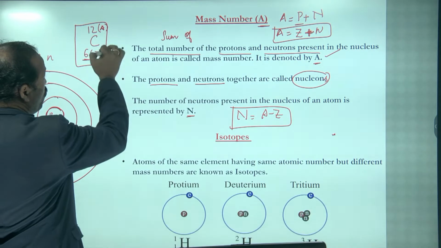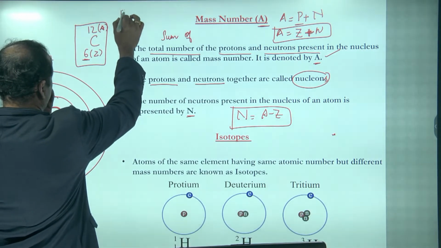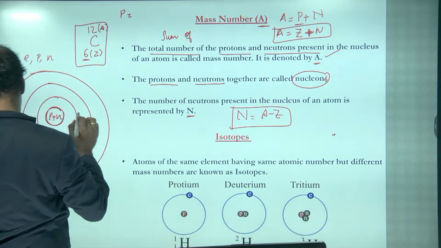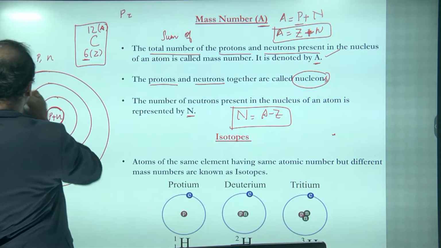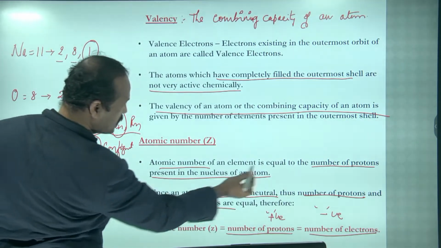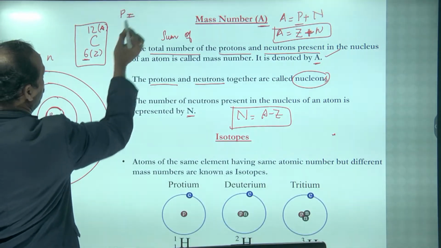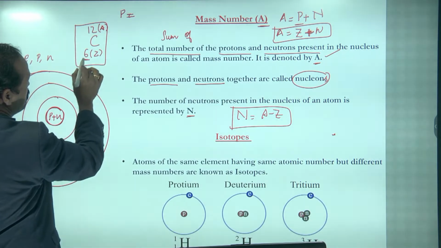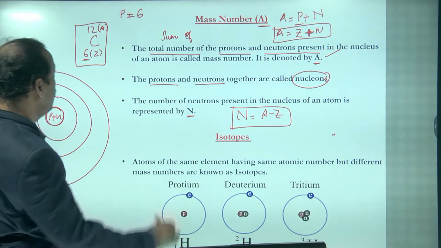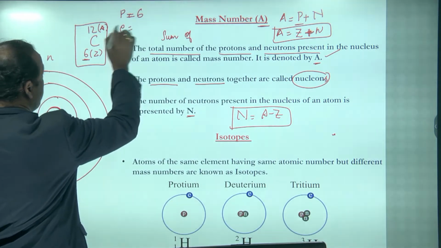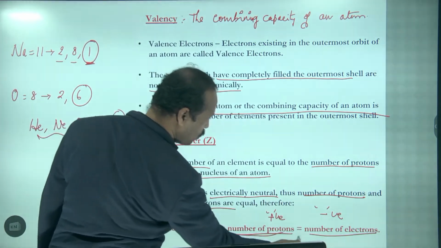And if we want to know how many protons, how many electrons, how many neutrons there are, for example the number of protons: the number of protons is nothing but the atomic number, as you saw in the previous slide. Yes or no? The atomic number is 6 here, so the number of protons is 6. And how many electrons are there? 6 only, because the number of protons is equal to the number of electrons.